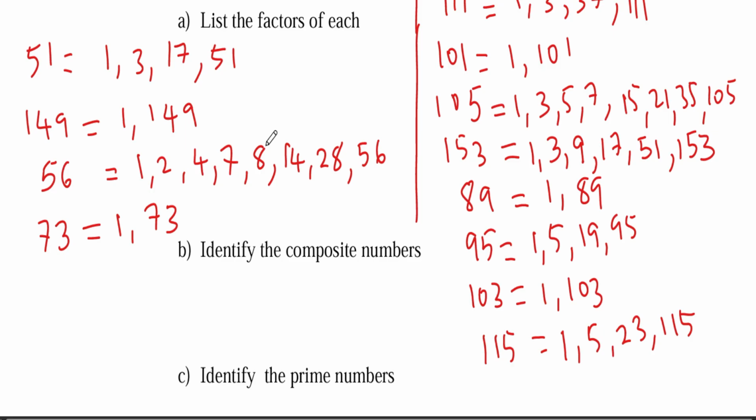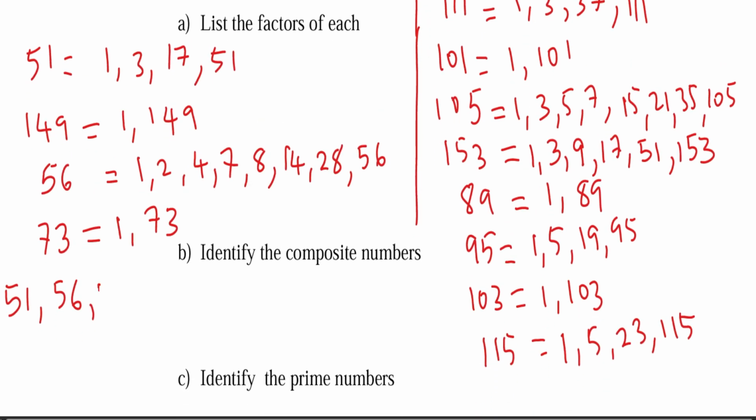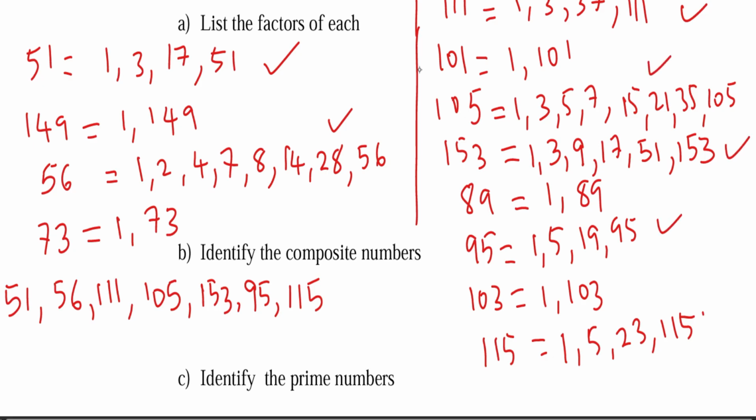If we look at the list, we start with 51, 56 with more than 2 factors, 111, 105, 153, 95, and 115. So those are the composite numbers that we have.